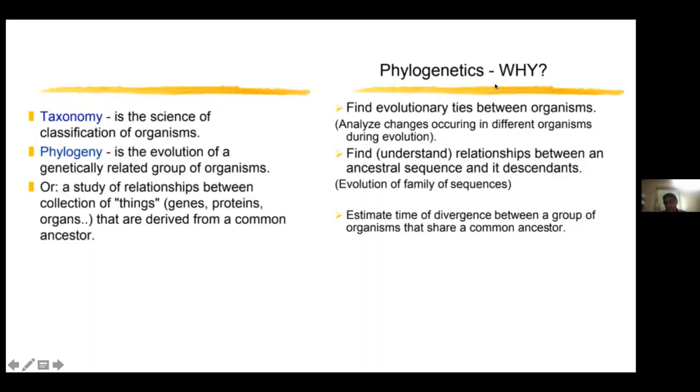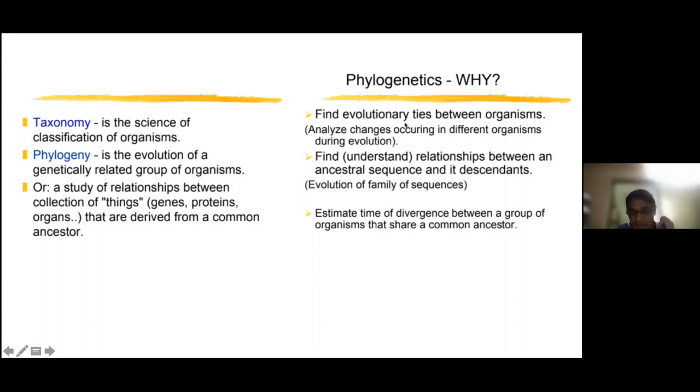So why do we need to carry out phylogenetic analysis? There are several reasons. One of them is to find the evolutionary relationship between organisms, and to find the relationship between an ancestral sequence and its descendants.